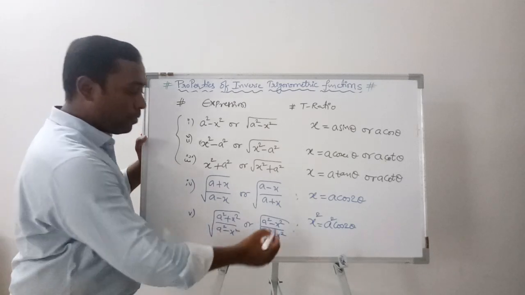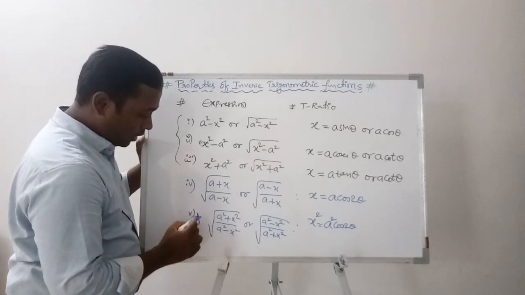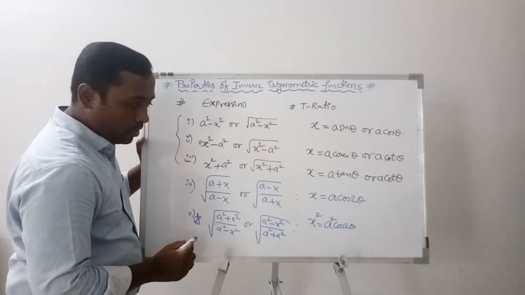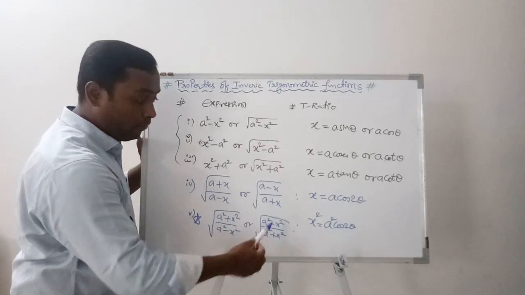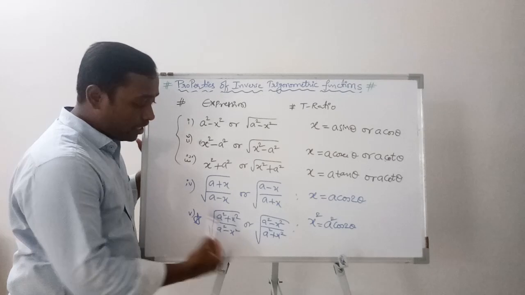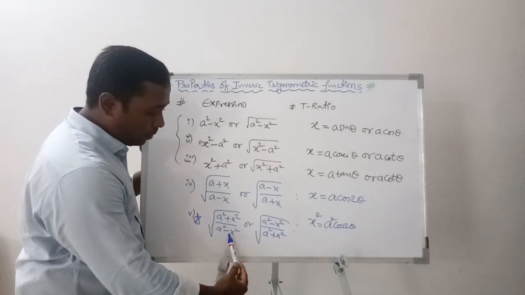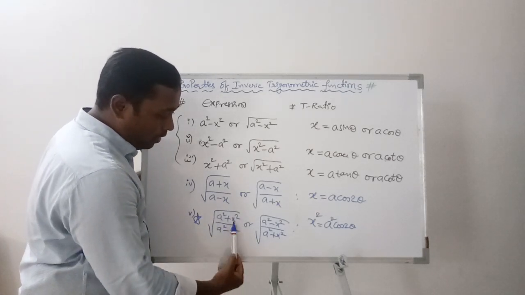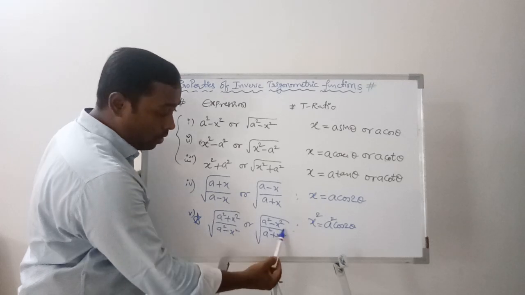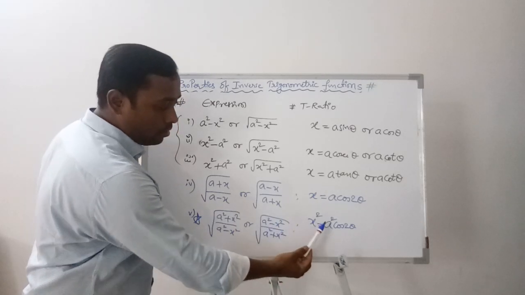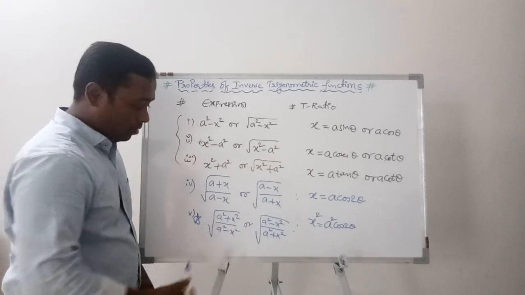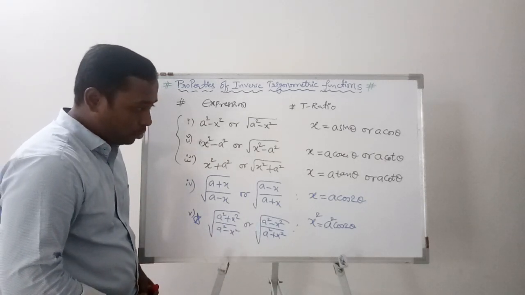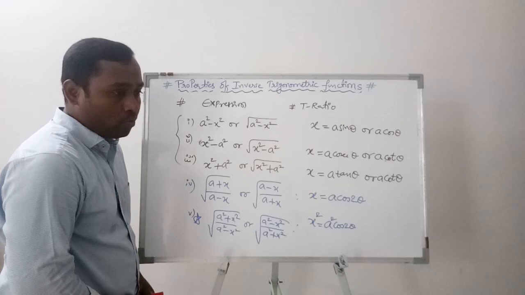I am repeating, it is very important to remember this expression, because wherever these expressions are involved, you need to very carefully select the t ratio to reduce the form. If you take this suitable substitution, it is very easy to reduce it.